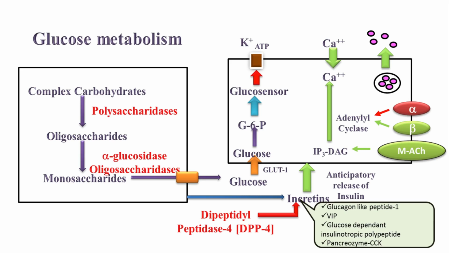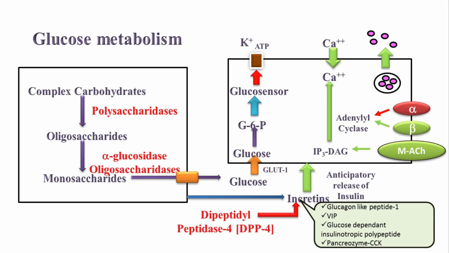By this time, the carbohydrates have been digested, the monosaccharides are absorbed, and the glucose spreads throughout the body. In every other cell, we require the GLUT4 transporter to allow glucose entry inside the cell, not the beta cell. The beta cell has GLUT1. Glucose enters the beta cell and gets converted into energy, or ATP. This ATP is sensed by the glucose sensor, and the sensor blocks the potassium ATP channel, right?